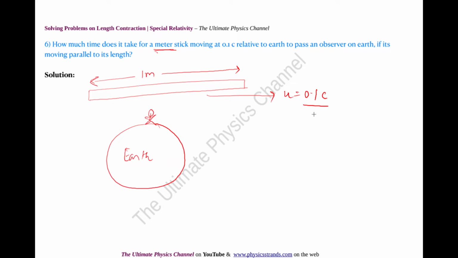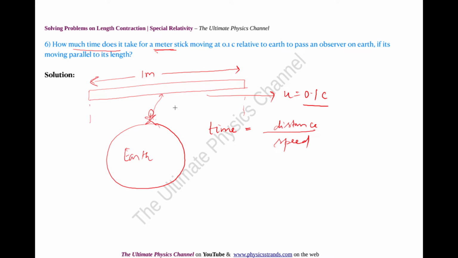Now what would be the time, because how much time does it take for the meter stick to move past? Now in this case time is the distance over the speed or velocity. Here the distance is nothing but the length of the meter stick, but it is not the actual length with respect to this observer.